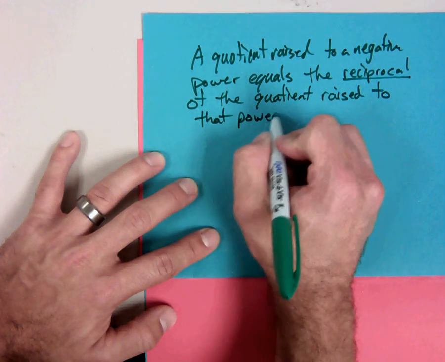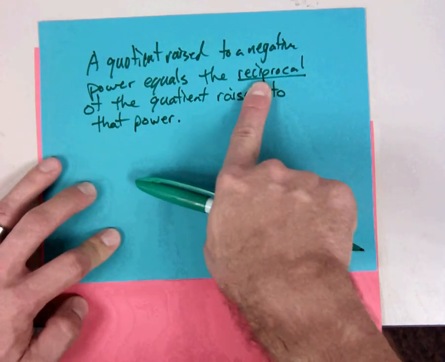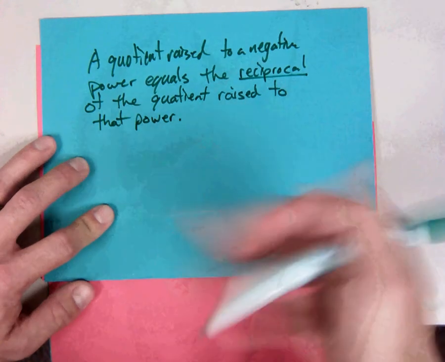You've got to remember what that means. So the only change here is that we have to use the reciprocal of the quotient. Okay? The reciprocal of the quotient. So we're just going to have to flip that fraction.